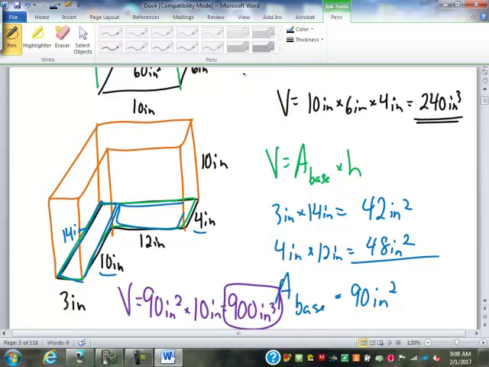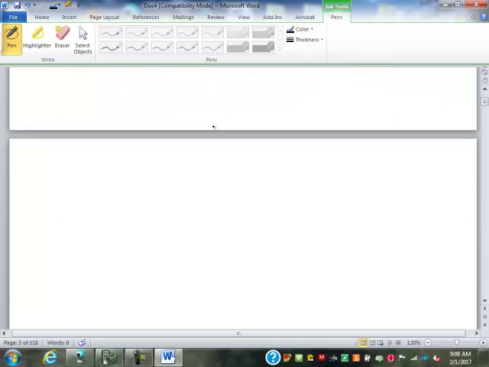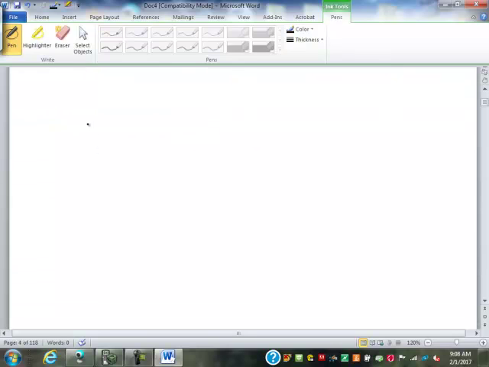Now I said the base isn't always the bottom. Great example of that might look like this.